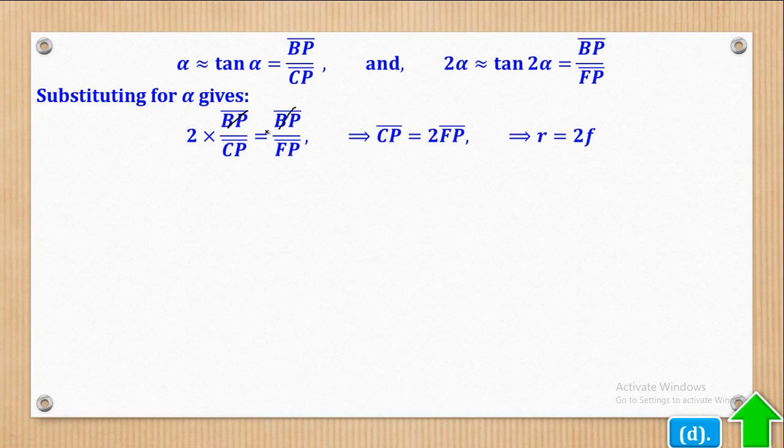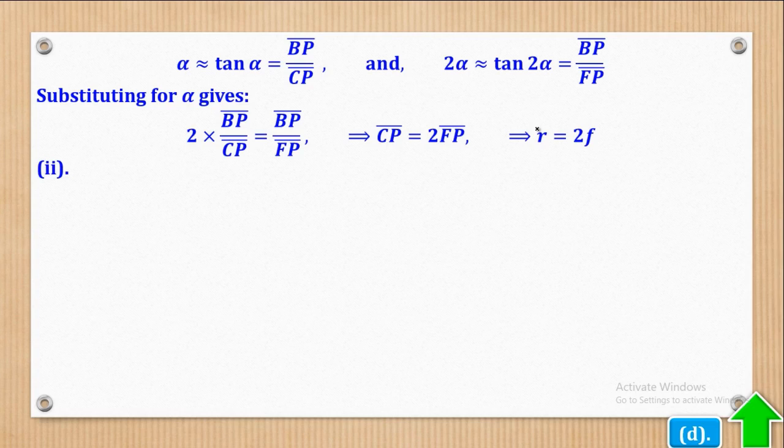So you realize that when I cross multiply, CP will be equal to 2 times FP. That is why we have CP equal to 2FP. But you already saw on our diagram that CP is R and FP is F. Therefore, this is the required relation.